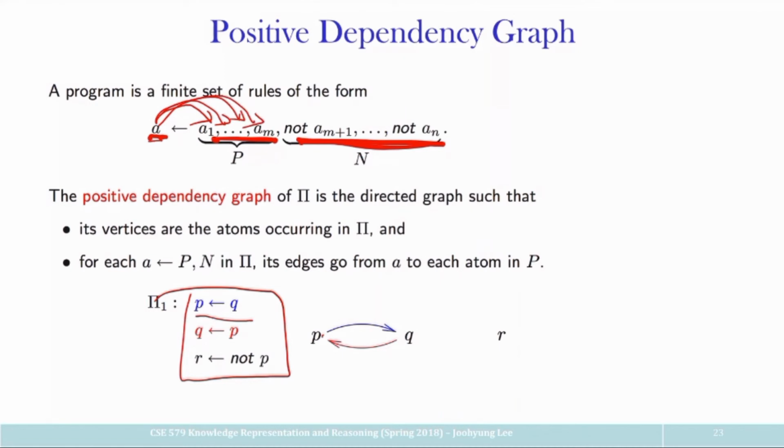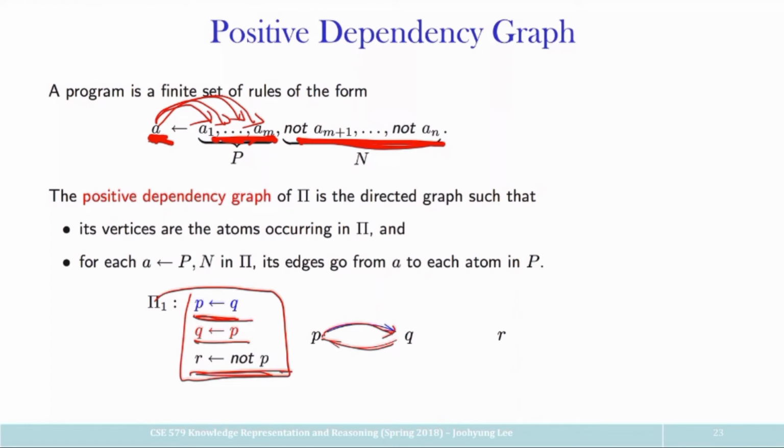For this rule there will be m edges drawn: from A to A1, A to A2, A to A3, up to A to Am. In this example, the blue rule contributes to this blue edge, and the red rule contributes to this red edge. This rule does not contribute to any edge because there are no positive atoms in the body. The only dependency is between the head and the positive part of the body.